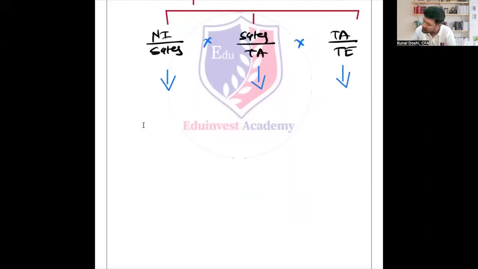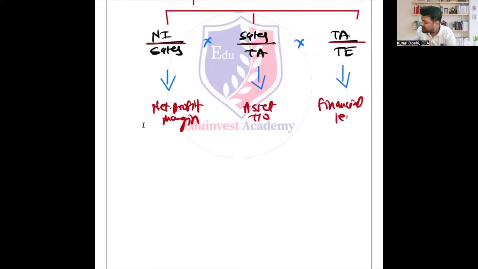This is called your net profit margin, asset turnover ratio, and financial leverage. Got it?